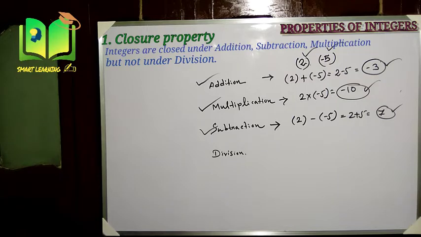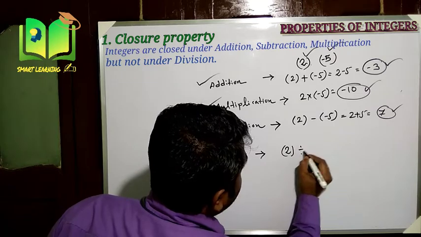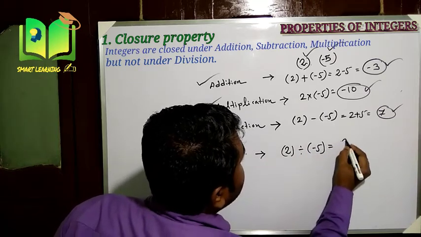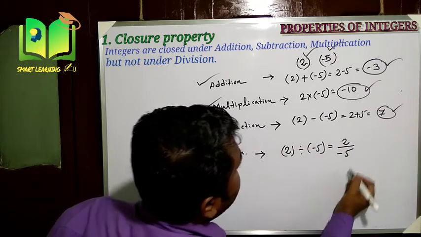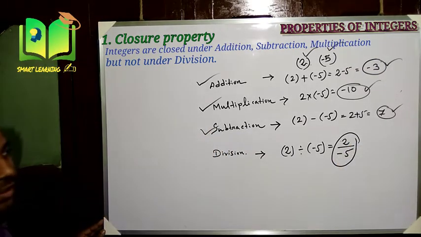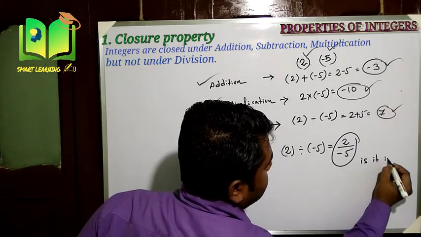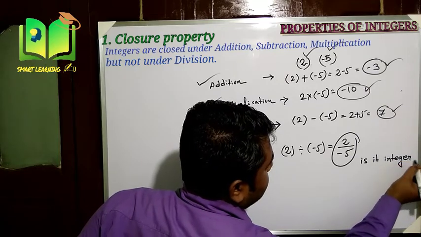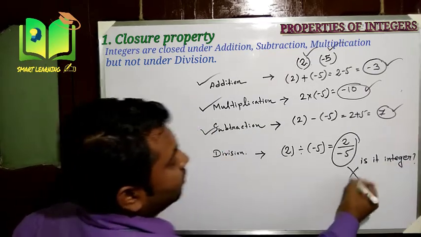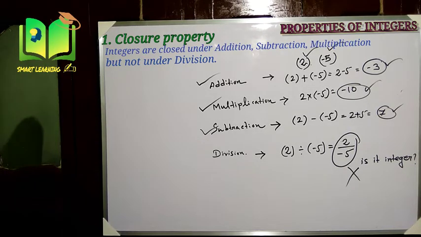Now for the case of division, let's start. 2 divided by minus 5 equals 2 by minus 5. Can you tell me, is this an integer? No. So closure property follows for addition, multiplication and subtraction.